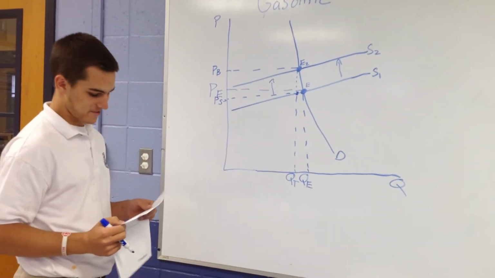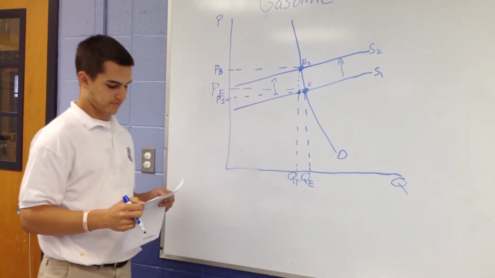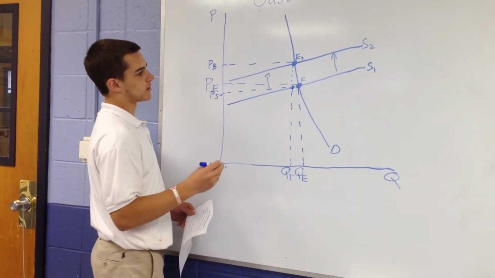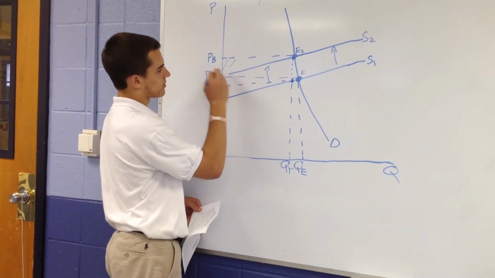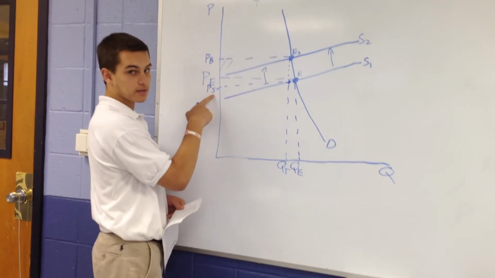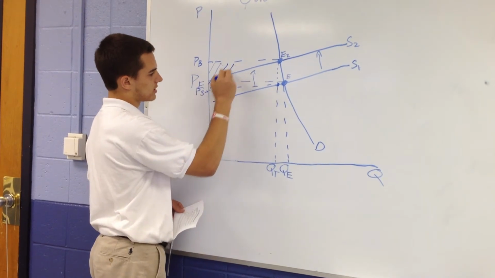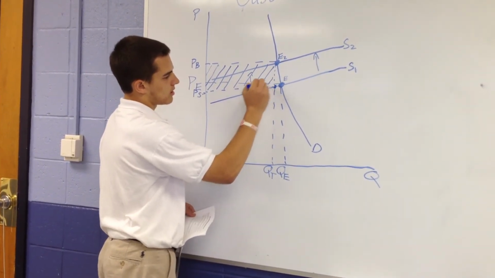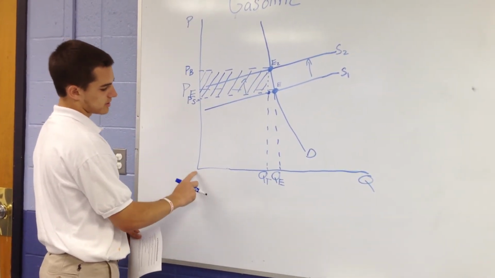Using the labeling on your graph, explain how to calculate the total tax revenue collected by the government. Alright, well the total tax revenue by the government will be this whole area here, from where the new price is down to the price that the suppliers will be receiving. So it'll be this whole shaded area. I think the best way to calculate this is just take the quantity.